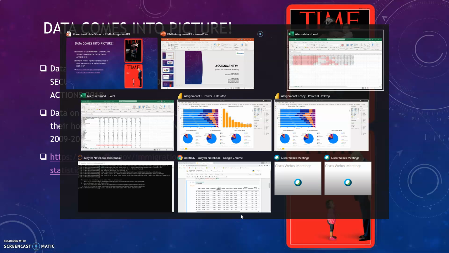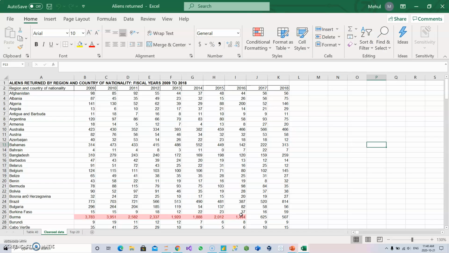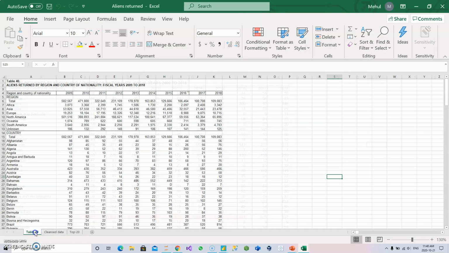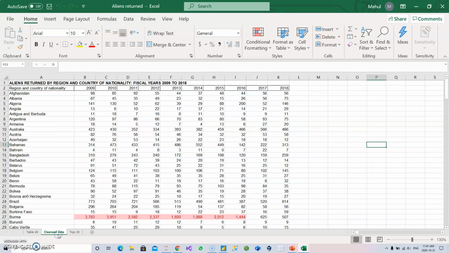Let's move to the data part. This is the raw data I acquired from that particular link on the Homeland Security website. We can see that there are many issues with the data. There are some null values as well as blank cells, so I have cleansed the data.